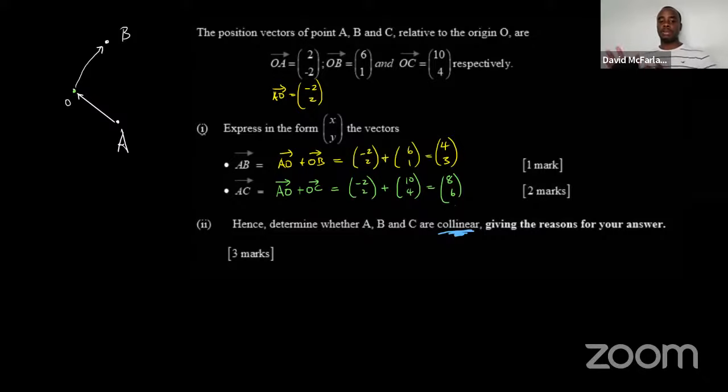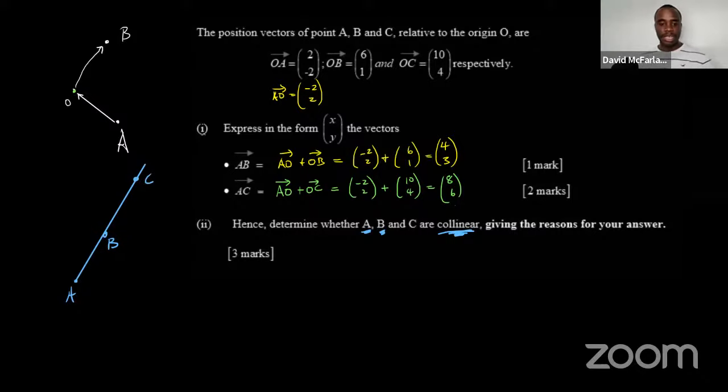You mean that all of the points are on the same line? It's the same thing with vectors. So if something is collinear, we're taking the points A, B, and C, and we want to somehow prove that A, B, and C are on the same line.